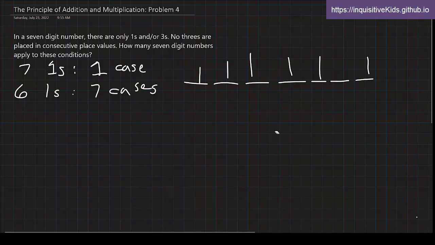Now let's move on to 5 ones. As we're doing this, I'm thinking, if no 3s are placed in consecutive place values, then we need to have enough ones so that no 3s are next to each other. So what if we have 5 ones? That would mean there are 2 spaces left over.